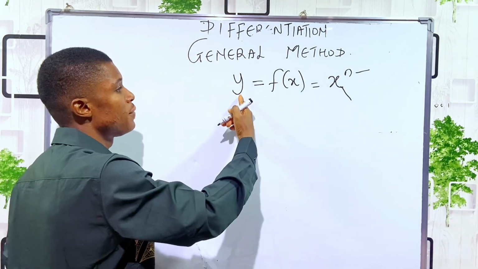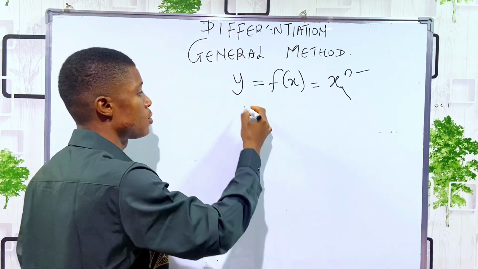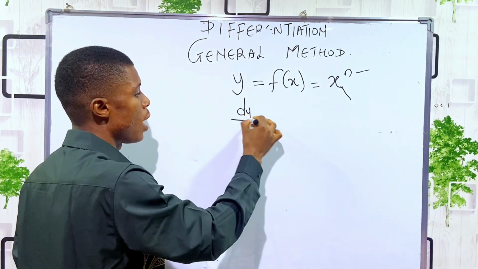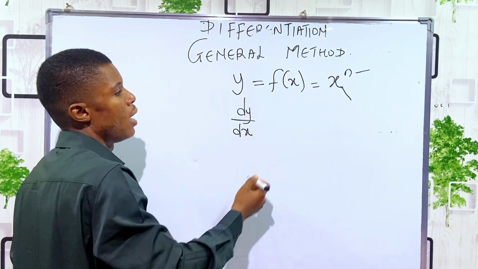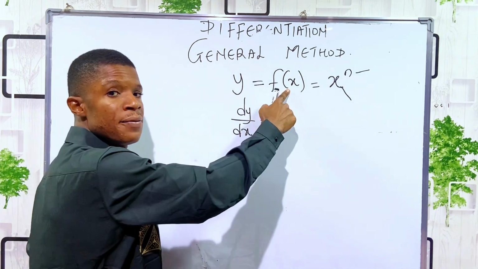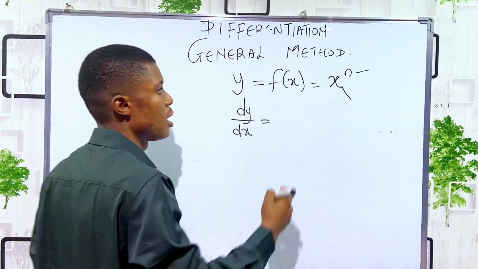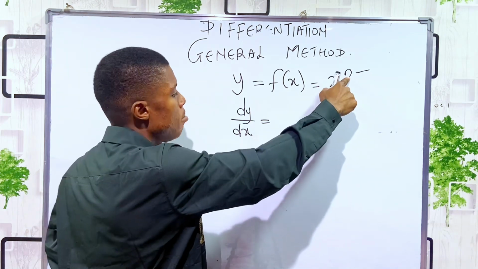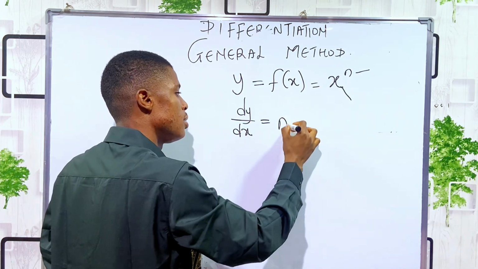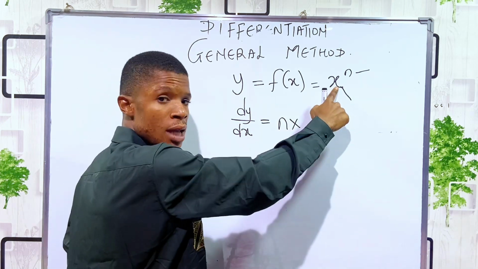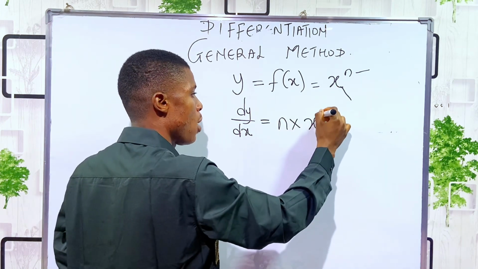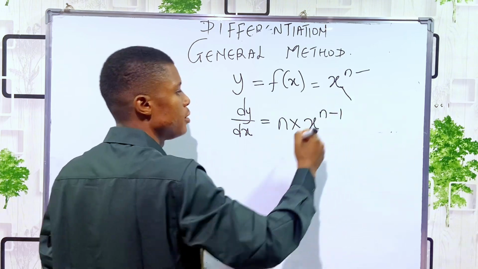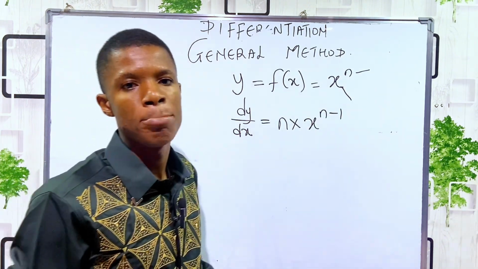Then for you to differentiate y with respect to x, that is dy/dx, it's just differentiating the function with respect to x. So all you have to do is multiply by the power, n, then minus 1 from the power.